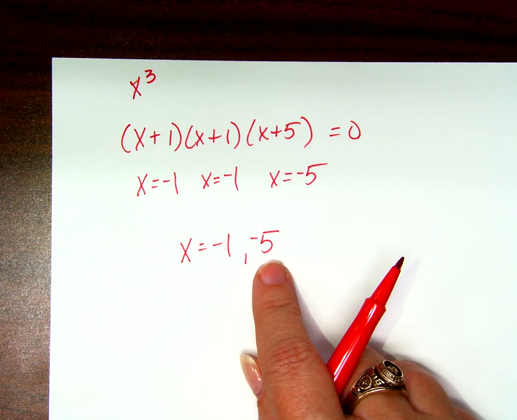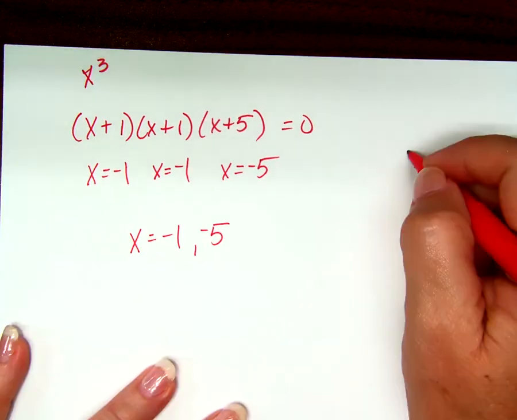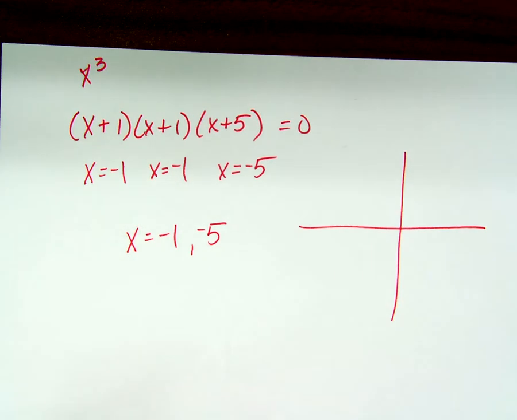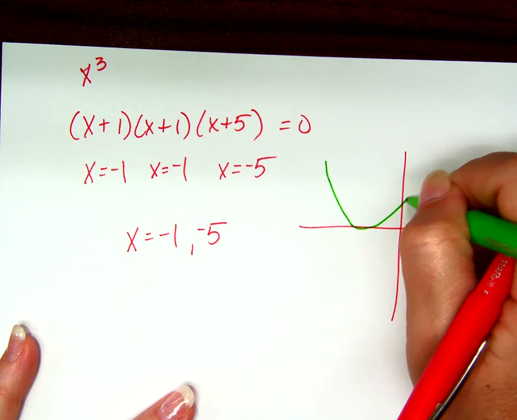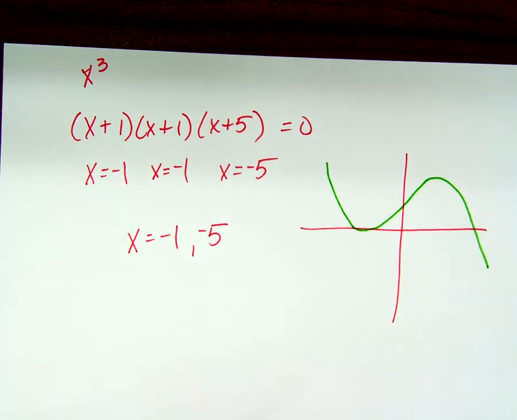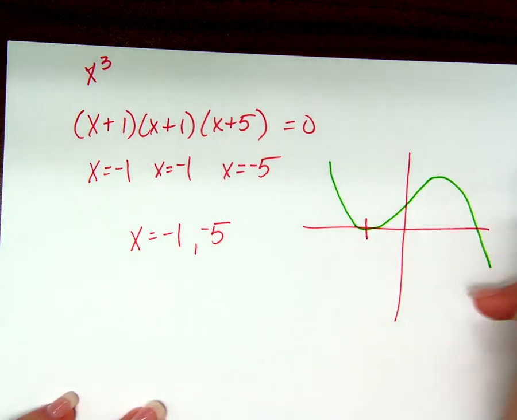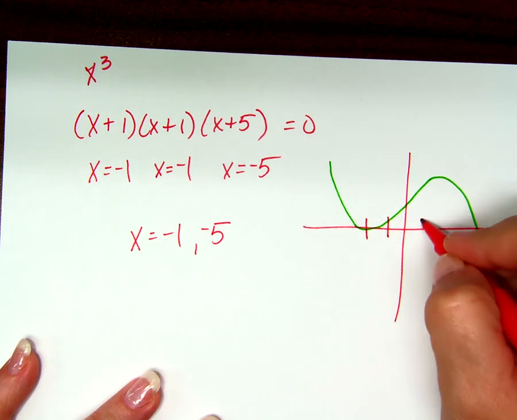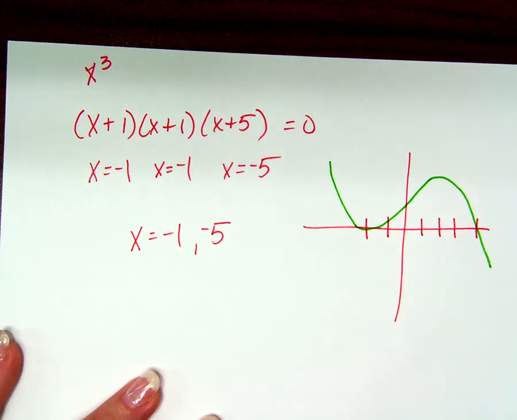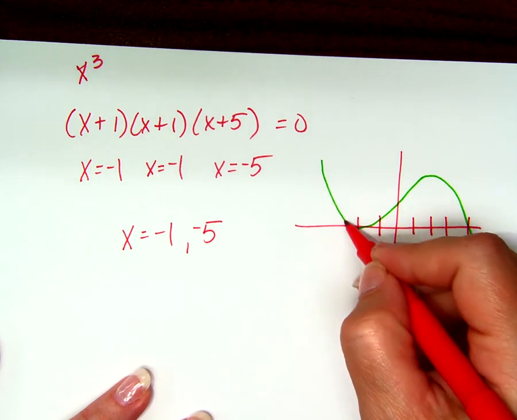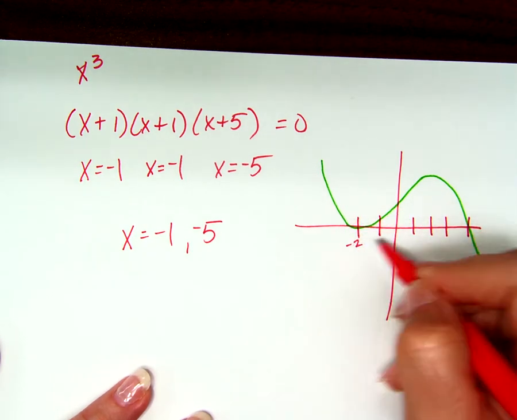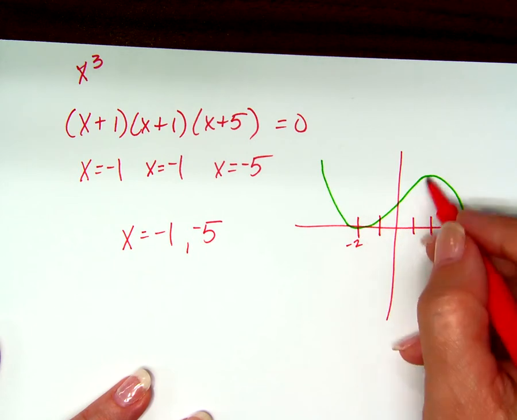And you can tell those when you look at the graph. If you have your graph and it looks like this, okay, pretend that just stops right there. Notice that it reaches down and touches negative 2, but doesn't pass through it. It goes back up.